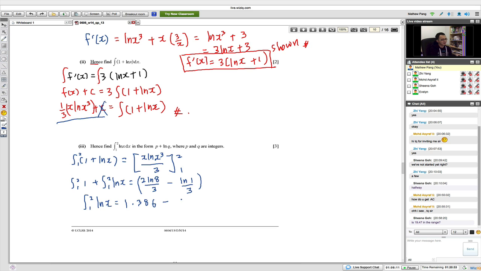So I integrate 1, basically I will get x, right? x from 2 to 1. So basically this is 1.386 minus, 2 minus 1 is just 1. Okay, so the answer will be 0.386. Okay, or you want to leave your answer in ln, I think should be alright. You will not get it wrong.